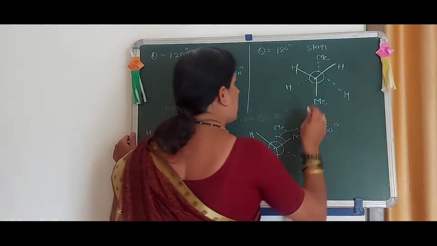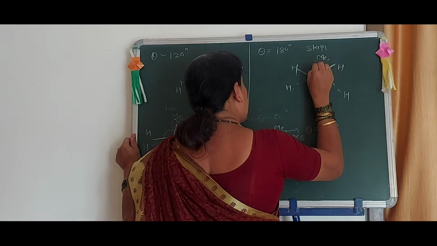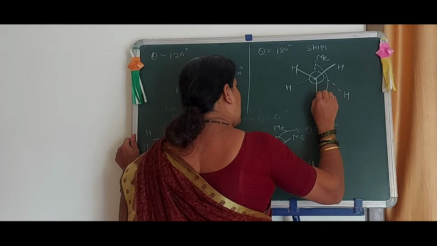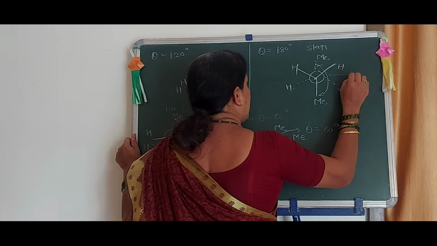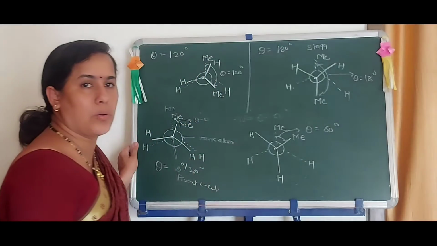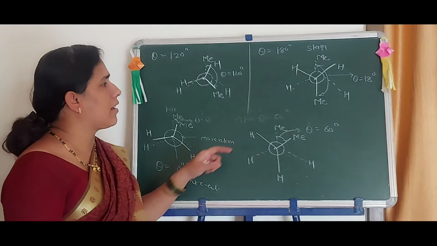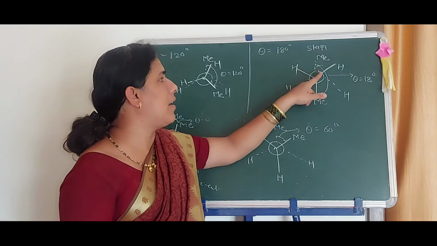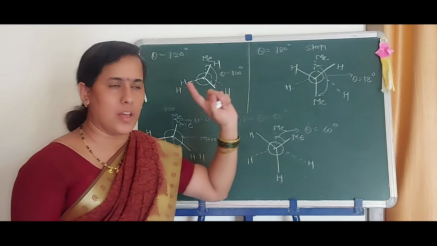Now which is the angle here? See here. This is the Me. Okay. Now this angle is known as theta is equal to 180 degrees. Okay. Here again I am repeating: the dot represents the front carbon atom and the circle represents the rear carbon.